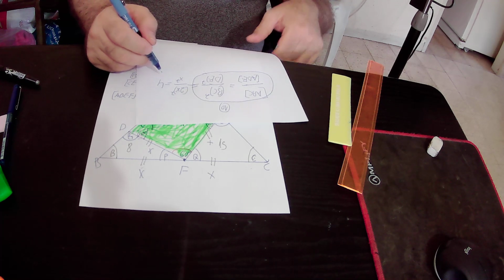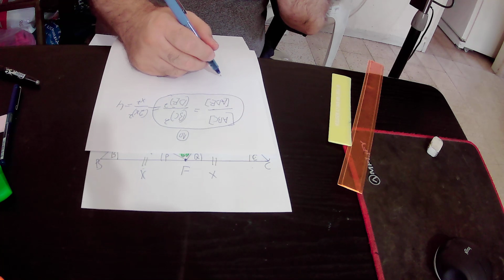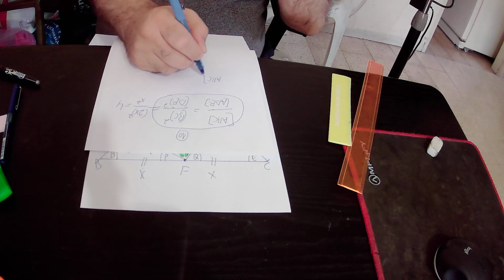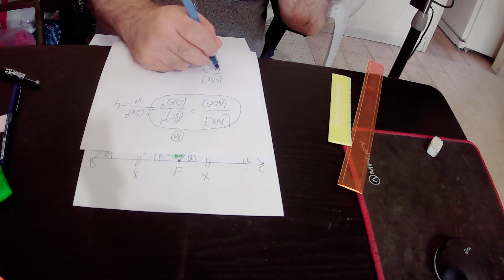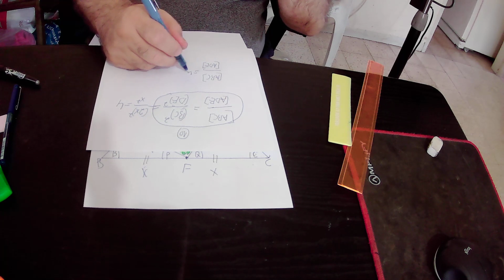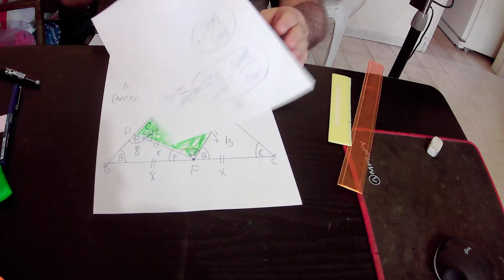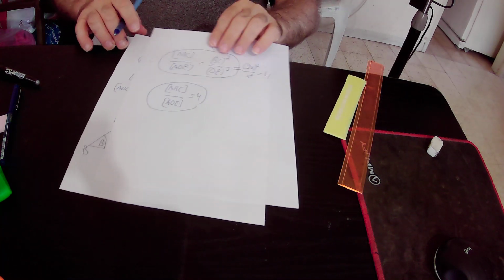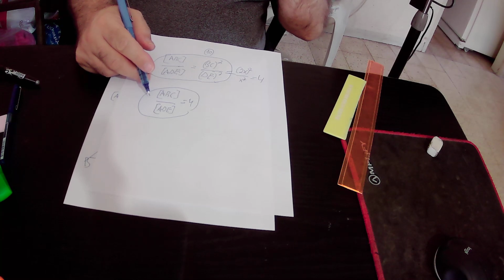So we found that the ratio between the area of triangle ABC and the area of triangle ADE equals 4.